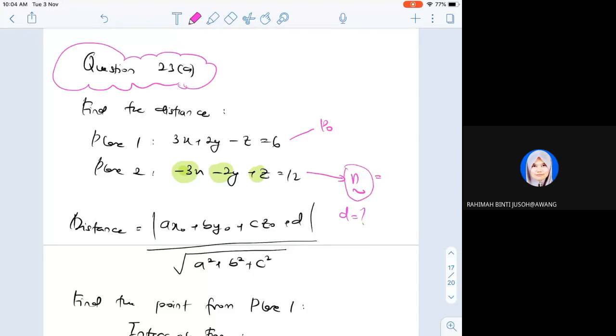Normal vector kan ABC tadi, ABC. So D kita ambil daripada second plane jugalah. Okay, so D, make sure 12 ni, you bawa pindah sebelah kiri. So your D is negative 12. Okay, ingat kalau kita ambil normal vector daripada second plane, so D you should take from the second plane also. Because normal vector is ABCD tu tadi.